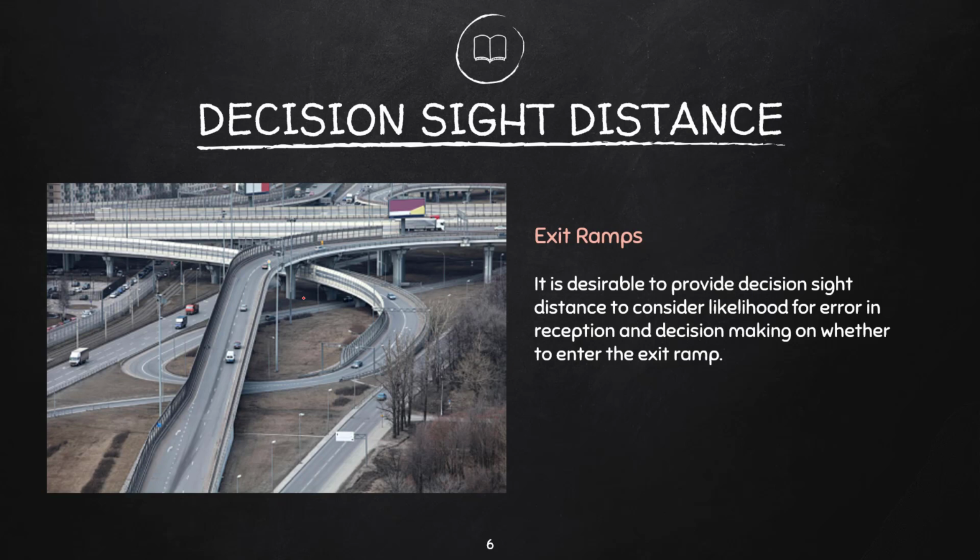You would want more time to decide on which road you are going to pass through. Will you go to this road or the other? So whenever there are exit ramps, we provide decision sight distances.